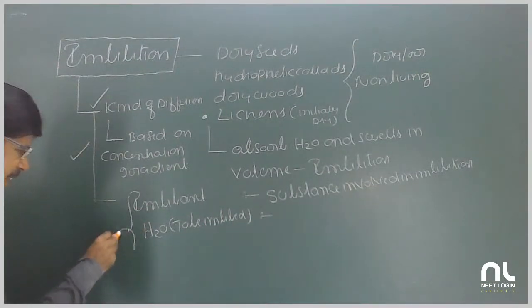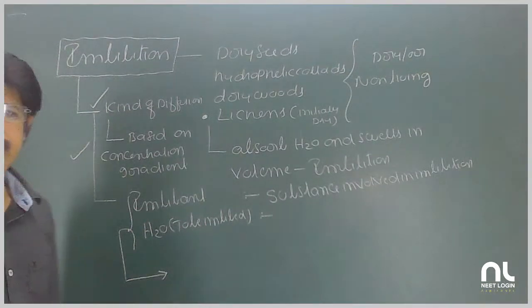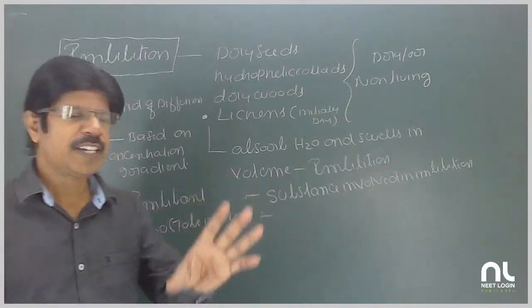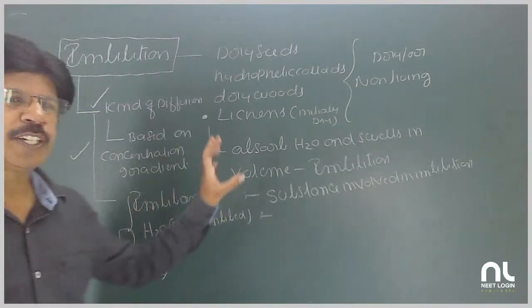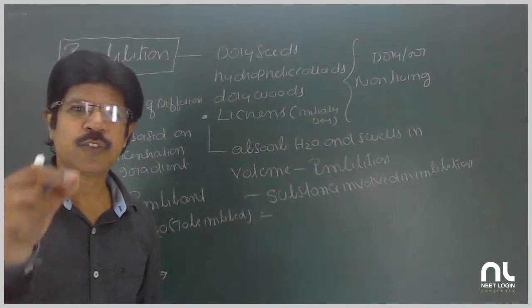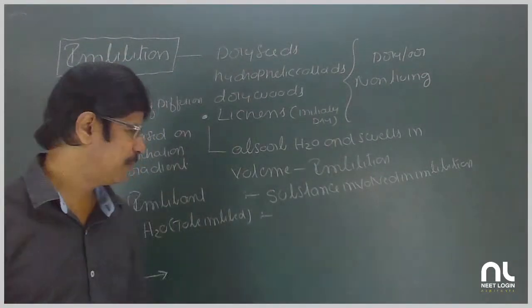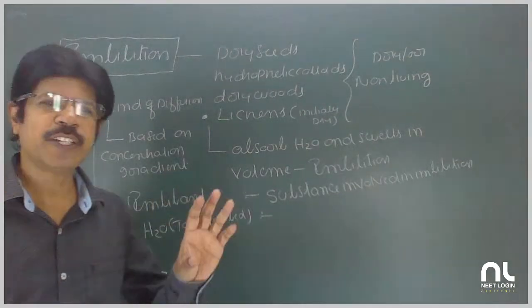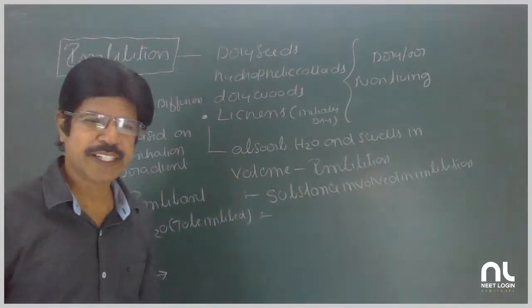So there must be affinity or attraction between imbibent and water to be absorbed, and also a water potential gradient must be there between imbibent and water. Are you getting it?